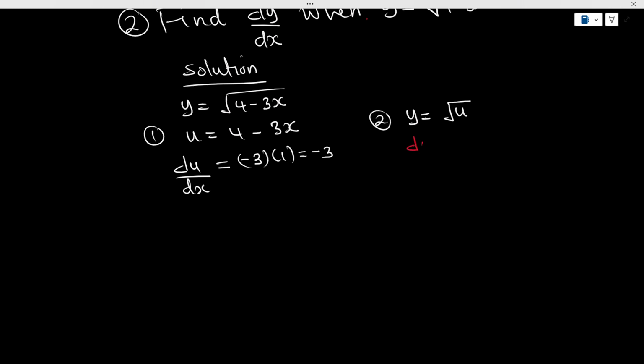On the other hand, for dy with respect to u, the first trick here is to get rid of this radical sign. So y equals the square root of u is equivalent to u raised to the 1/2.